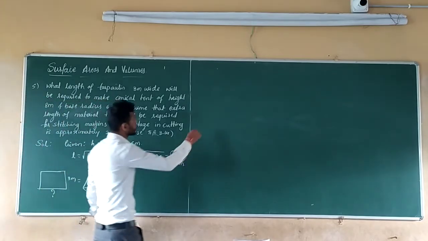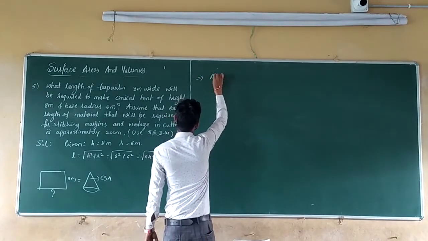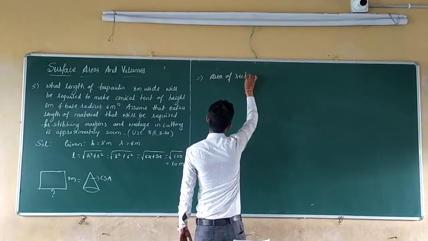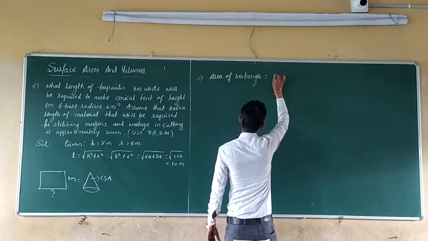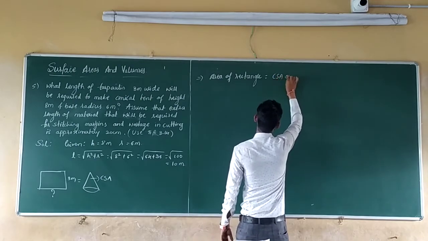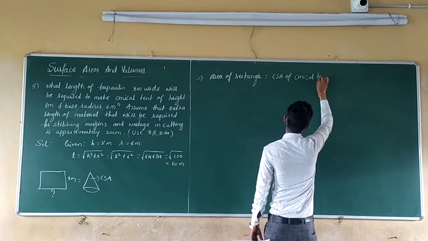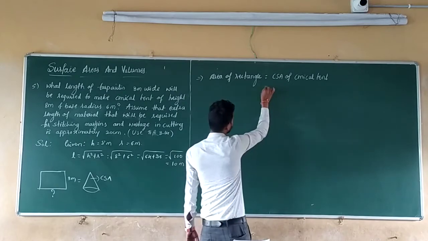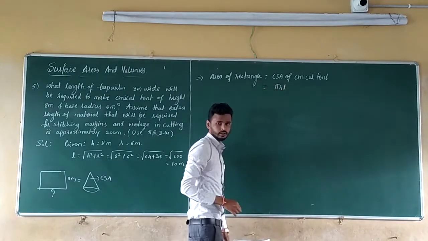So let us write: area of a rectangle equals CSA of the conical tent. CSA of a cone is pi r L.